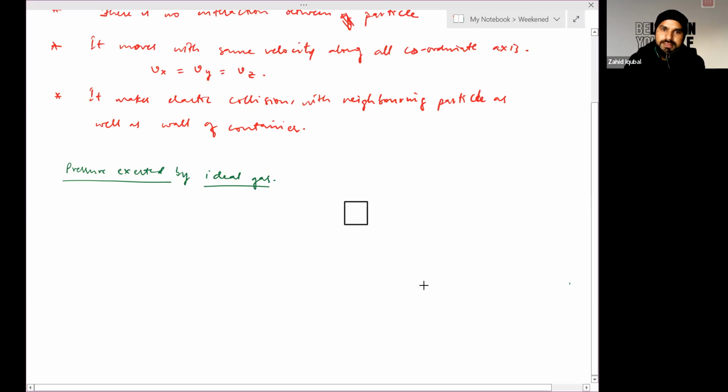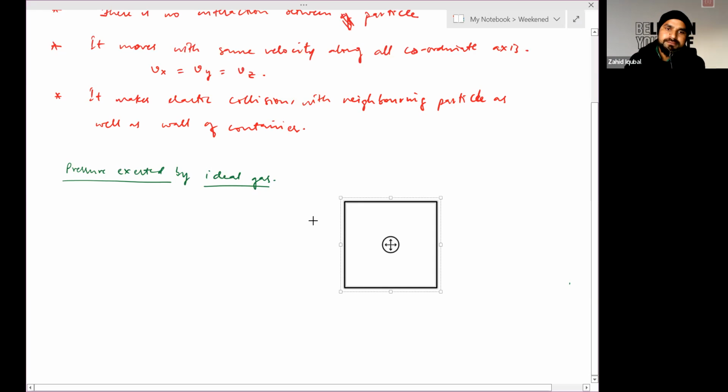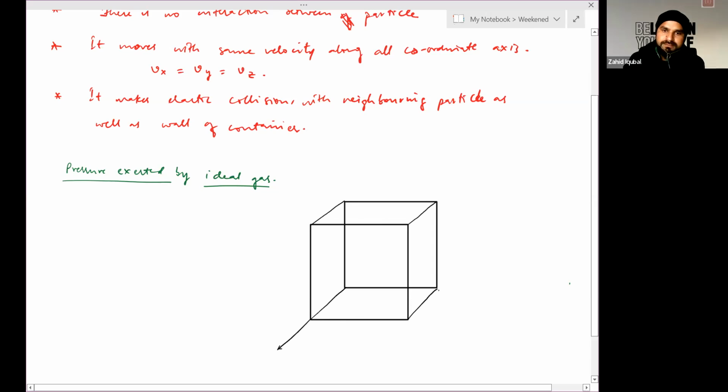So suppose there is a cube of side L. This is the x-axis, y-axis, and z-axis.